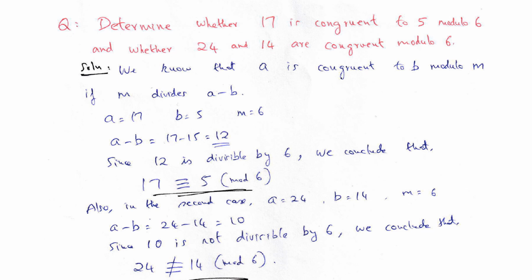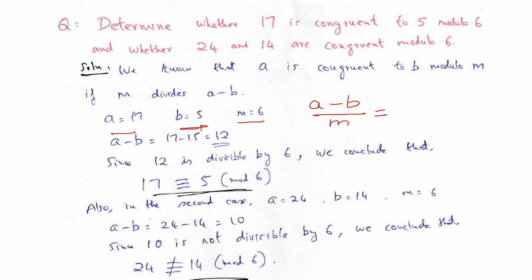So first one, a is 17, b is 5, and modulo m is given as 6. So in this, what we need to do is a minus b you are calculating. So our job is to check this, right? Whether a minus b divided by m is an integer.